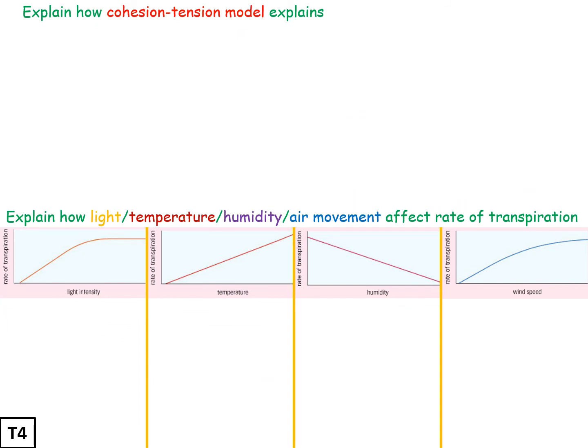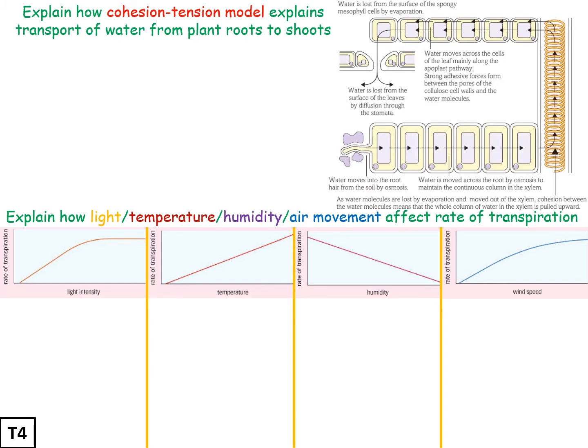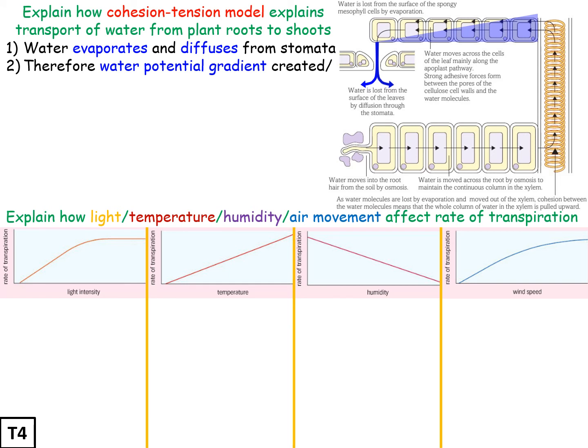Explain how the cohesion tension model explains the transport of water from the plant roots to the shoots. So first, you could see that the water evaporates and diffuses out of the stomata. This creates a water potential gradient because when water evaporates out of the stomata, there's a low water potential in the area where the water evaporated out, and the surrounding cells have a higher water potential.